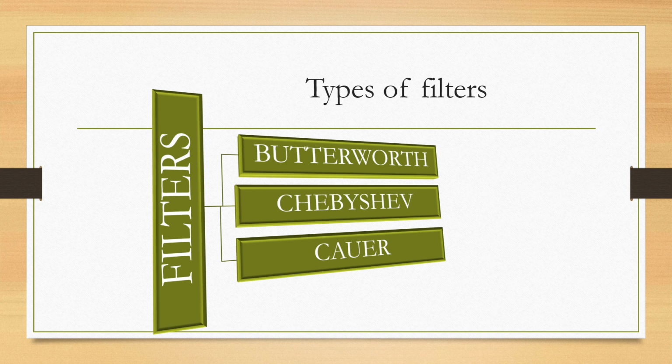The Butterworth filter has a flat pass band and a flat stop band. As we have seen in the frequency response of the filters, there are two bands, the pass band and the stop band. The response in both bands is flat, and we call it the flat Butterworth filter.